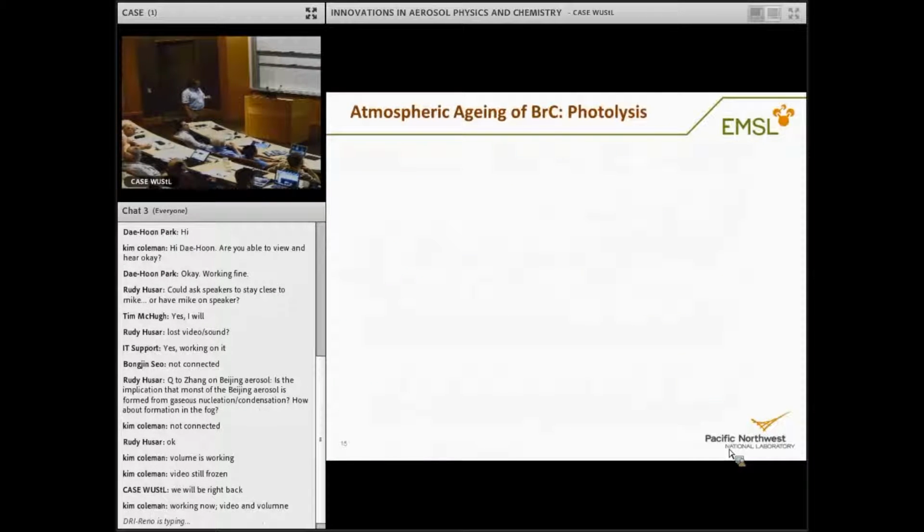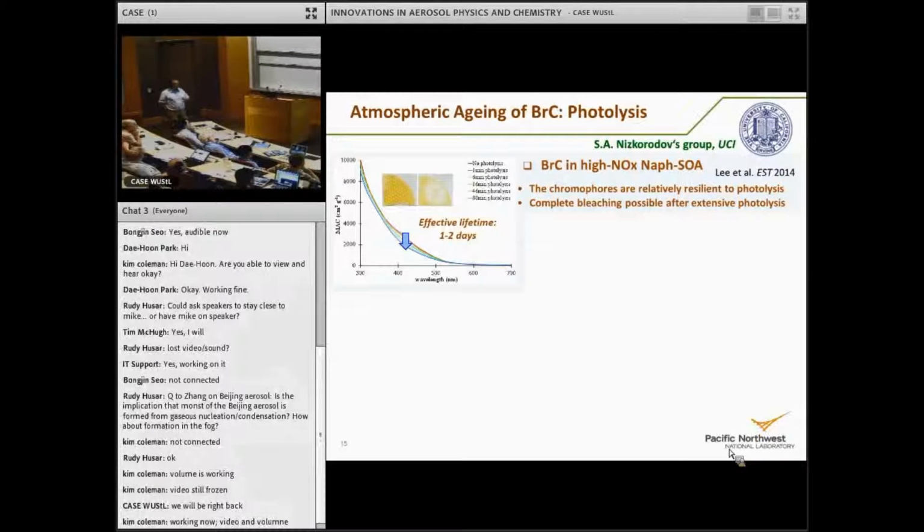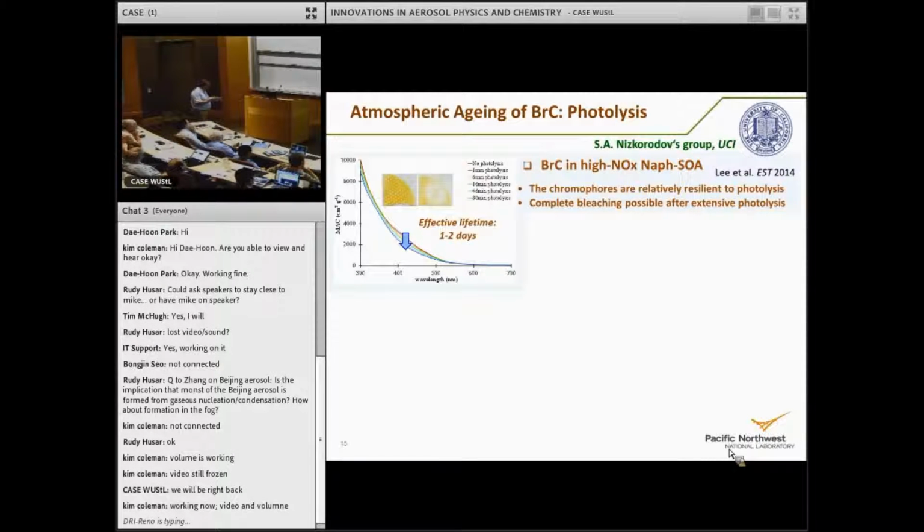Now, once we have at least an initial understanding, a good idea about, not the exact molecular structures of the chromophores, but their types, we can select them and do some model or laboratory study to see how they would behave in the atmosphere. This is an example of one of the studies we do in collaboration with Sergey.